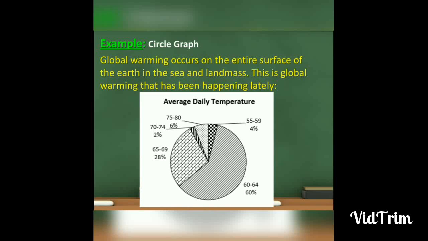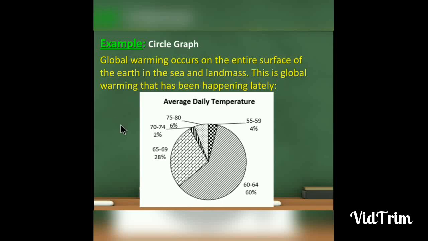60 degrees Celsius to 64 degrees Celsius is 60%. 55 degrees Celsius to 59 degrees Celsius is 4%. 75 degrees Celsius to 80 degrees Celsius is 6%.